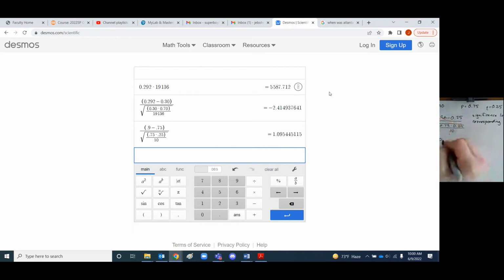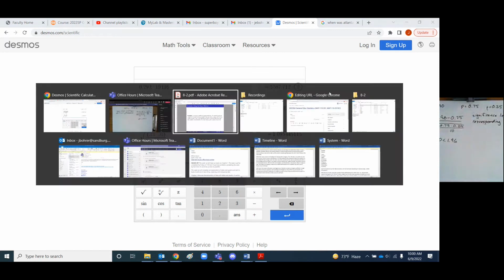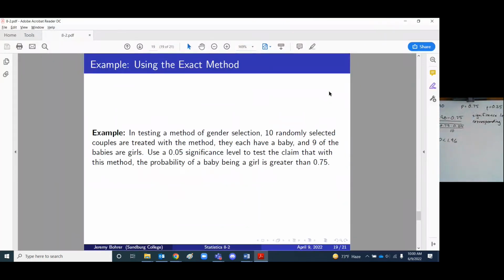Since 1.10 is less than 1.96, it's not in the critical zone, and thus, what were we saying for our statement? We're testing the claim that the probability of a baby being a girl is greater than 0.75. We would fail to support this claim.